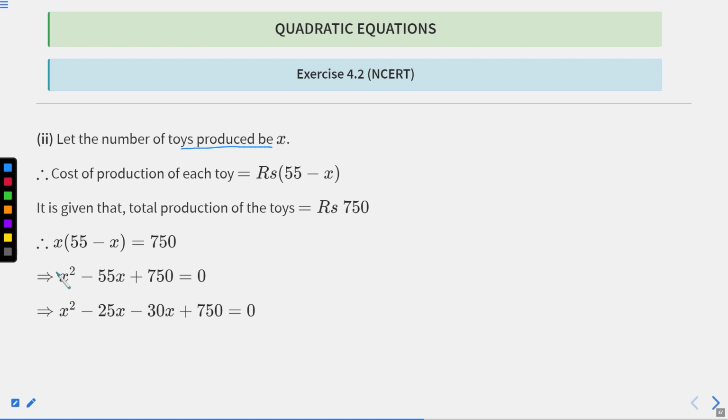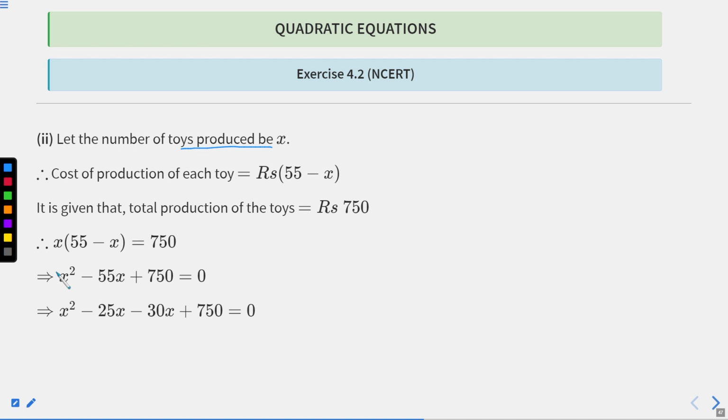Now we get this equation: x times 55 minus x is equal to 750, and it implies x square minus 55x plus 750 is equal to 0. And it implies x square minus 25x minus 30x plus 750 is equal to 0.